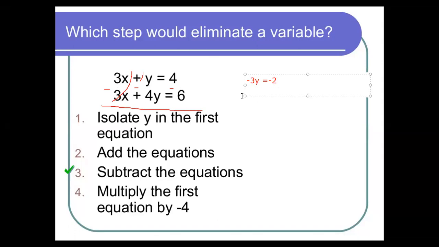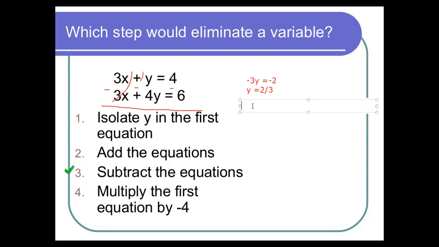Then we will divide by negative 3, so y equals negative 2 over negative 3, which is 2 over 3. Then we will go back to the first equation and substitute to find the value of x.